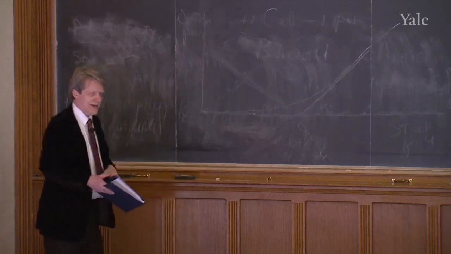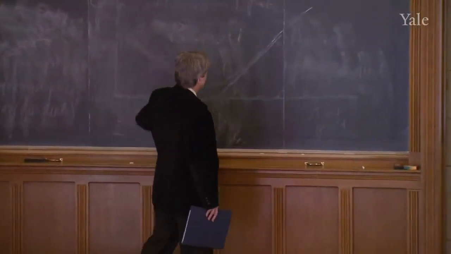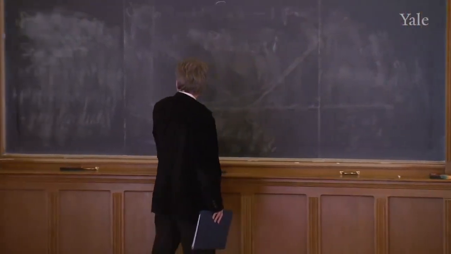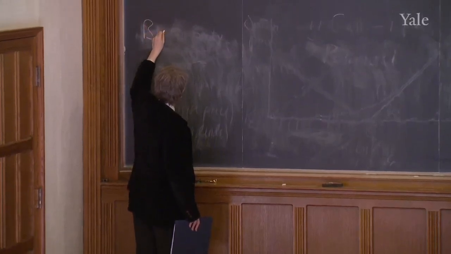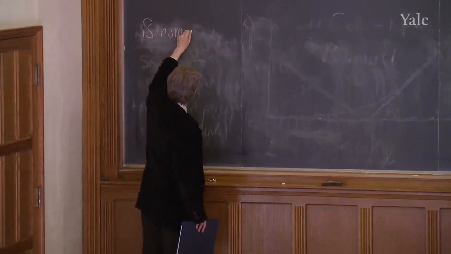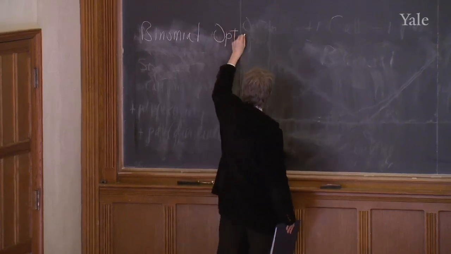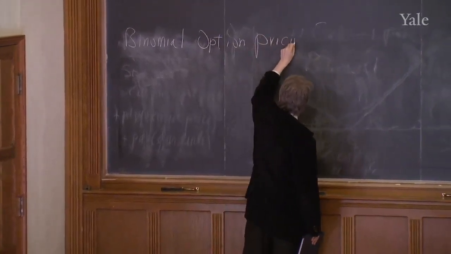I'm not going to actually derive the Black-Scholes formula, but I'm going to show it to you. I'm going to tell you a simple story just to give you some intuitive feel about pricing of options.